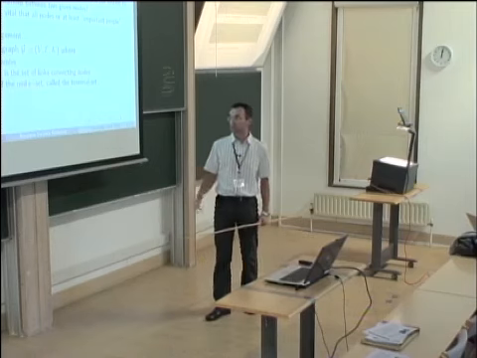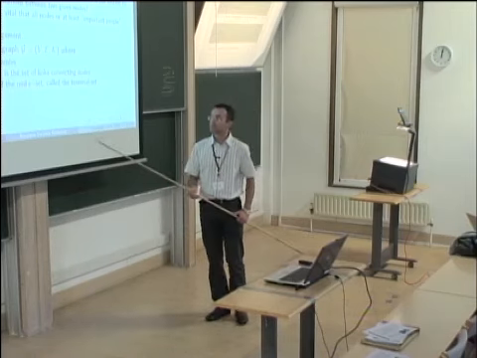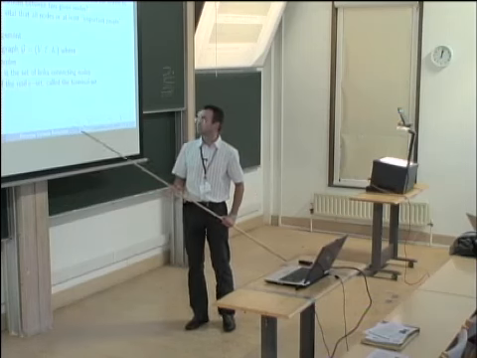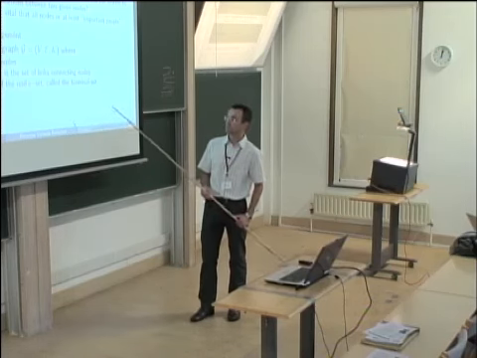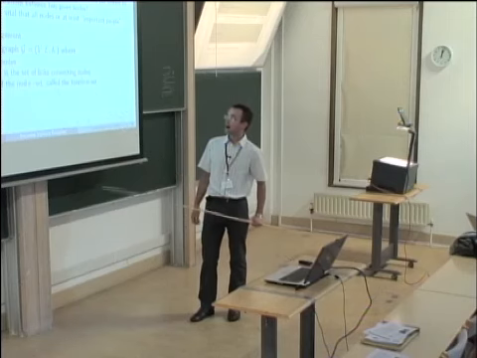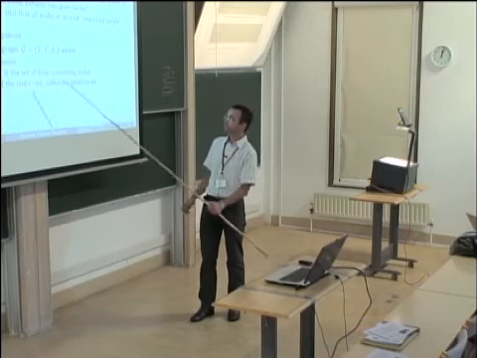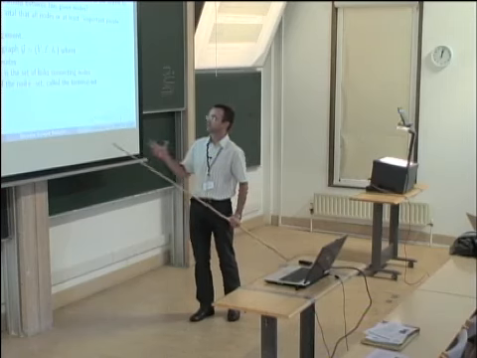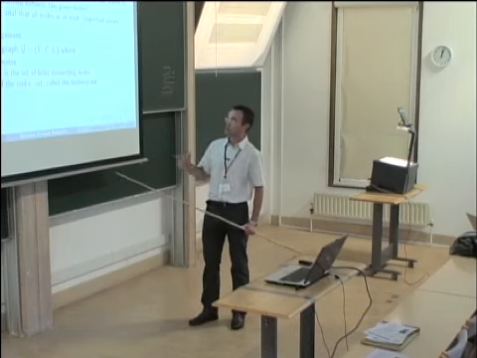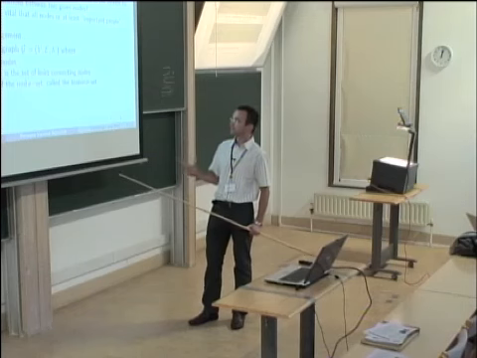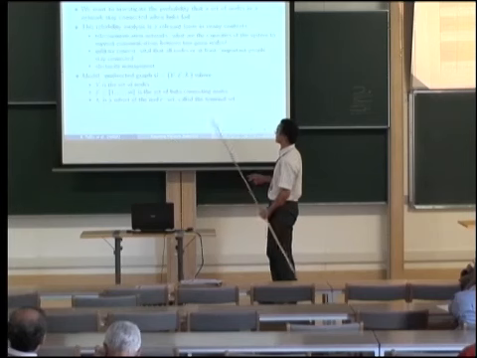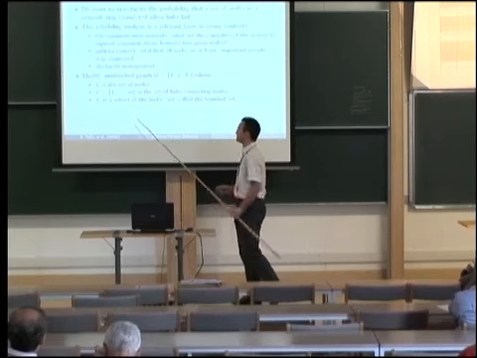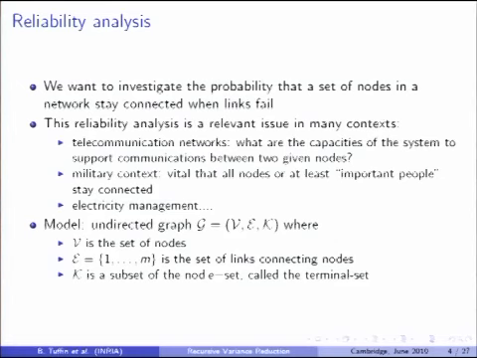So the basic model: we consider an undirected graph that we call G, which is made of a set of nodes and a set of M links that are connecting different nodes, and a subset of the set of nodes that we call the terminal set, K here, which is typically the set of nodes that have to remain connected in the graph.